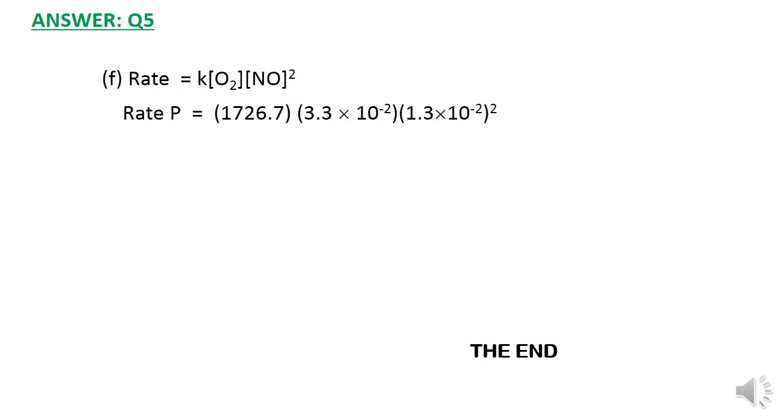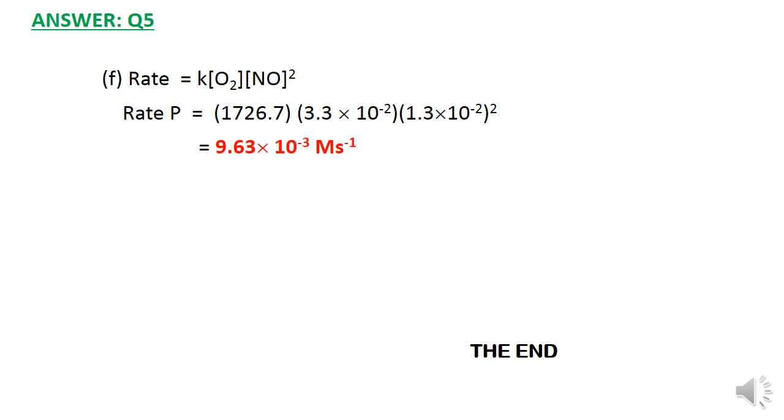For question number 5F, from the rate law, rate equals k, concentration of oxygen times concentration of nitrogen monoxide to the power of 2. To get the rate P, we substitute the value of k from the previous calculation and the concentrations of oxygen and nitrogen monoxide into the rate law.